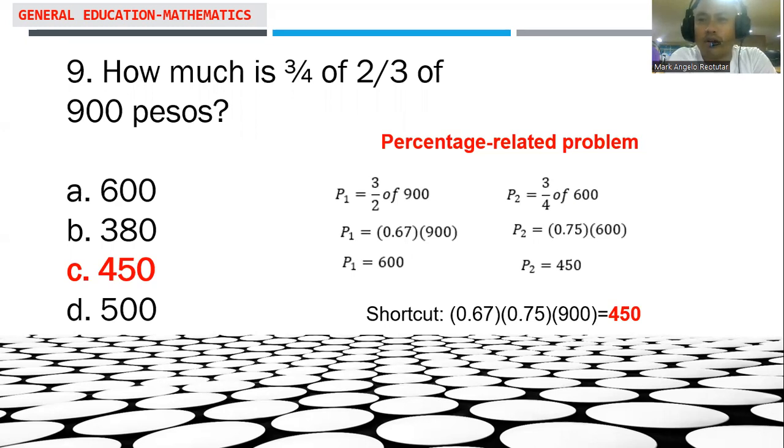If we try to recall yung sinabi ko kanina, the word of represents multiplication. So ang gagawin lang natin dyan is to multiply the three values. 3/4 multiplied by 2 over 3 multiplied by 900, and we will be getting 450 as the result. So what does 450 mean? 450 is the 3/4 of the 2/3 of 900 pesos.